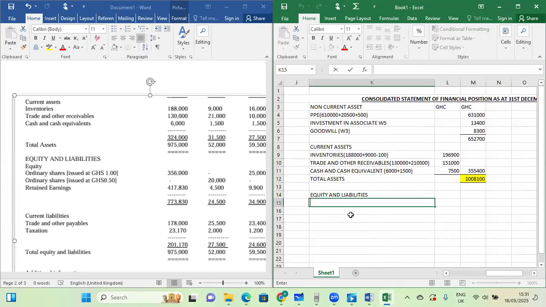Now equity and liability. We bring in our stated capital. Now, if we were to buy the firm with shares, we were to issue shares to buy the subsidiary, then our capital would have increased by the value of the shares.